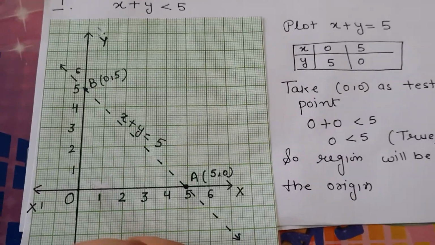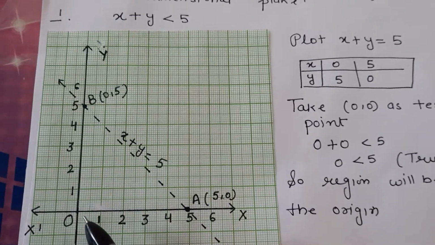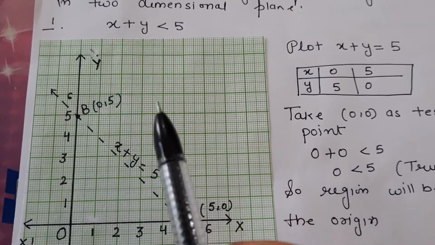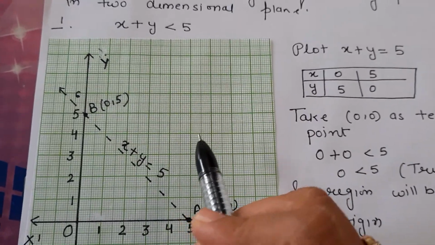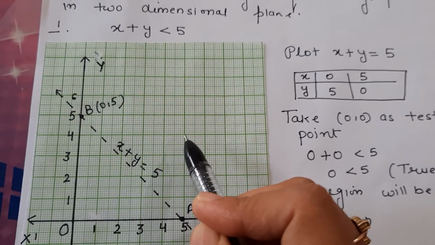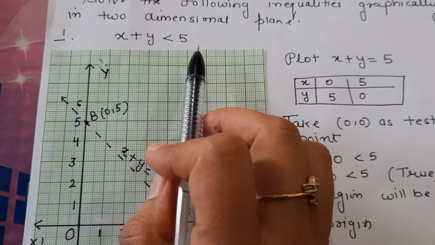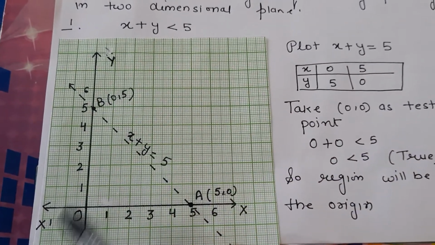You can take either the testing point above this line or below the line, right? If the point above this line is going to satisfy this inequality, like if you take above this line, here x is 5, y is 4. If you take 5, 4, and the inequality 5 plus 4 less than 5, that means 9 less than 5, this is not satisfying the inequality, so your region will be below the line.